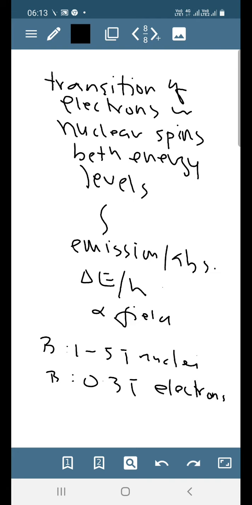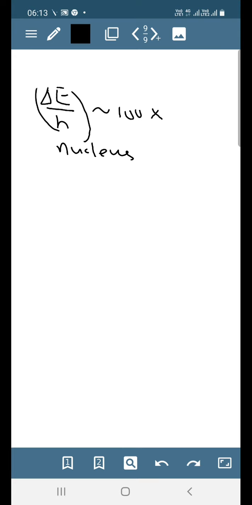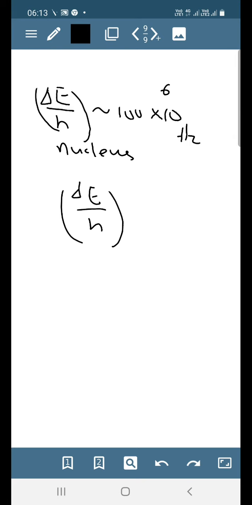That will make delta E by h for the nucleus equal to 100 into 10 to the power 6 hertz, and delta E by h for the electron about 9500 into 10 to the power 4 hertz.